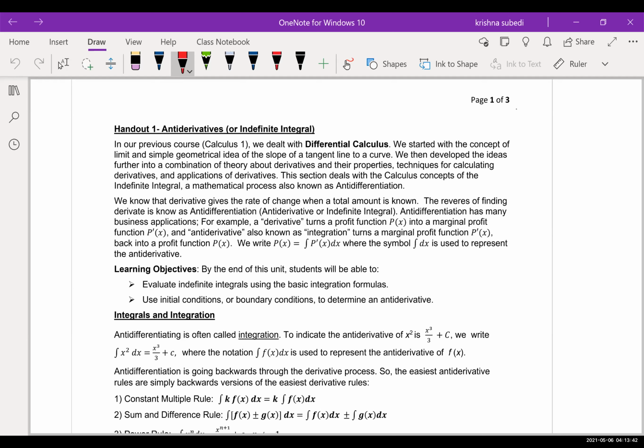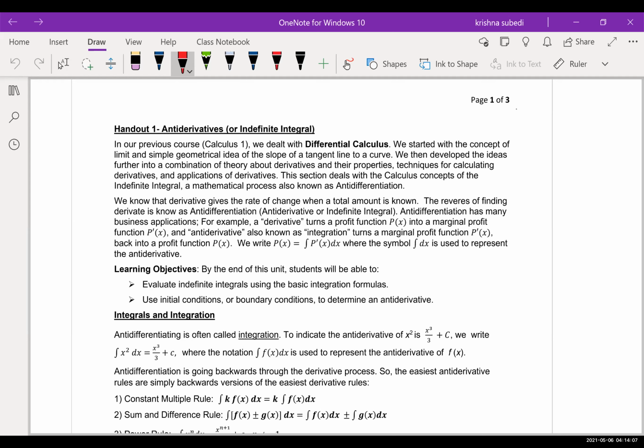And then we developed the idea further into a combination of theories on derivatives and their properties, and some techniques of calculating derivatives. Lots of derivative formulas like power rule, product rule, quotient rule, rule for the exponential function, derivative rule for the logarithmic functions.